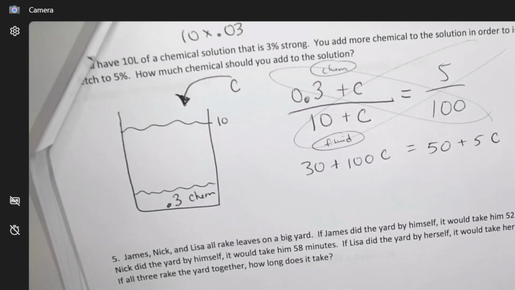Okay, so times, this is all isolation algebra, where you're just grouping things together, moving to one side, dividing.